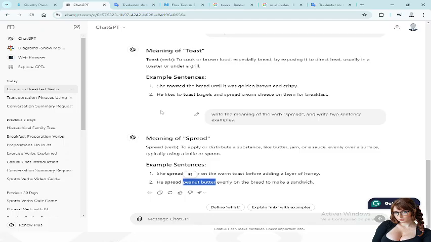Our example is the following: he spread peanut butter evenly on the bread to make a sandwich.